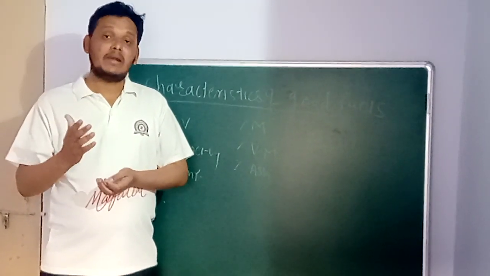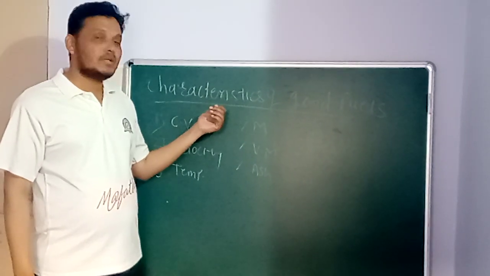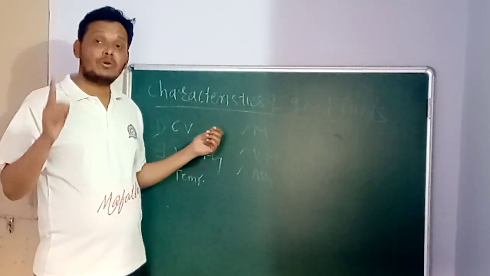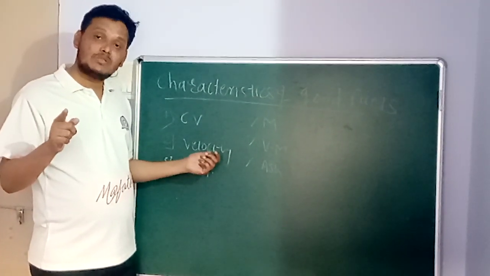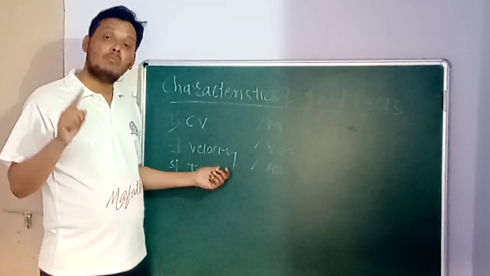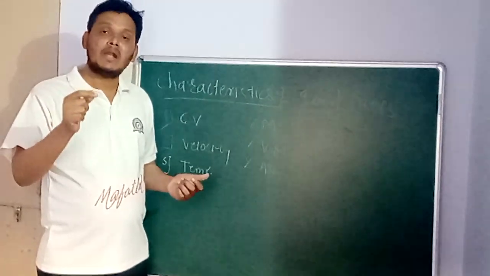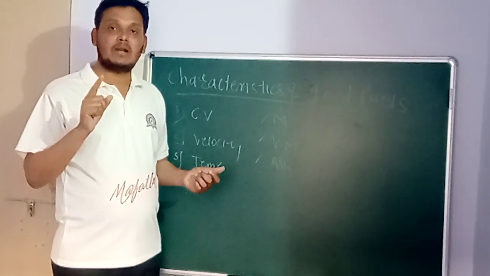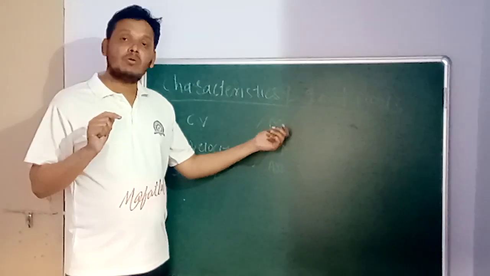Now I will again highlight the characteristics of a good quality fuel. It should have a high calorific value, a moderate velocity of combustion, and a moderate ignition temperature. Moderate ignition temperature means that at a minimum spark your engine should start.